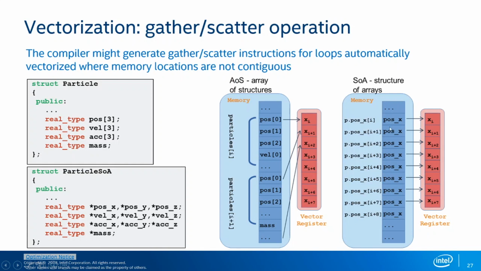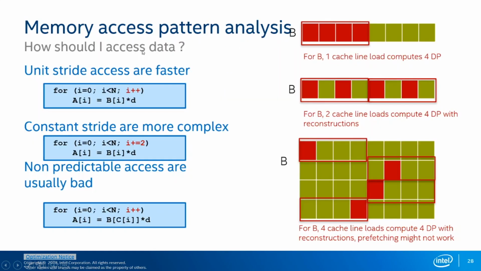It's going to change the way our application looks and how we operate on this particle data. But if we implement it this way, we can now load a vector register in a single load. As far as memory access patterns, we have unit stride, where all the elements are sequential in memory, and we can load many of these values in a single load instruction.